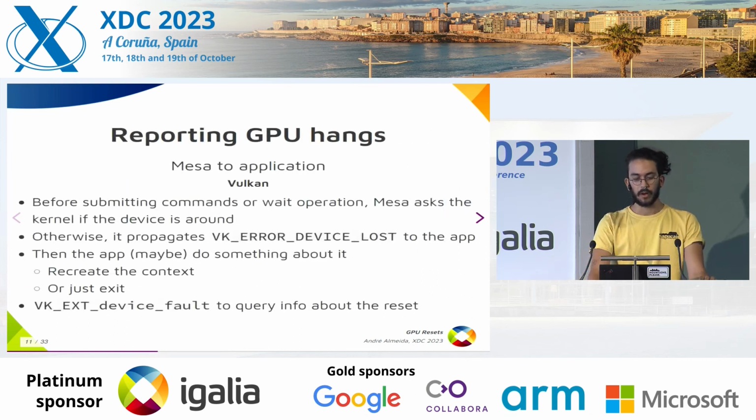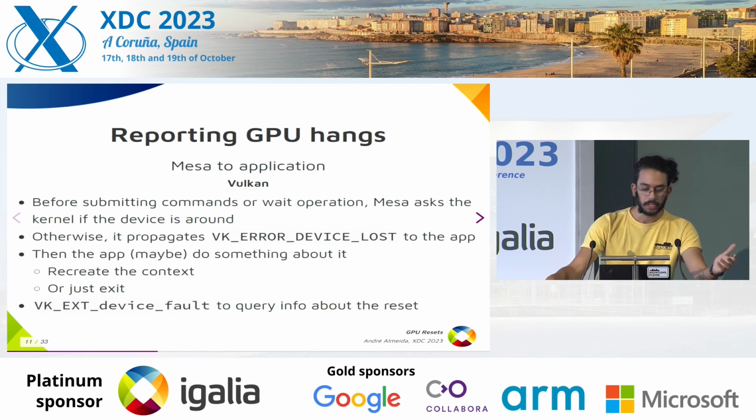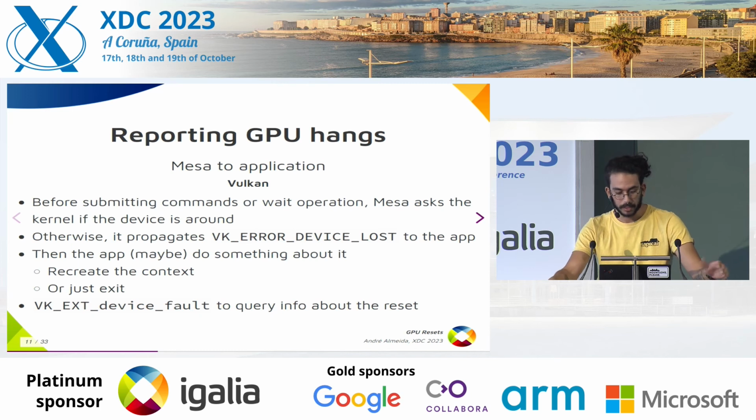Okay, so now Mesa needs to tell the application that something went wrong. Some drivers, before submitting commands or issuing wait operations, will ask the kernel if the device is still around. And for Vulkan, if they find out that the device is not around, they will propagate the Vulkan error device lost up to the app. And then maybe the app can do something about that.